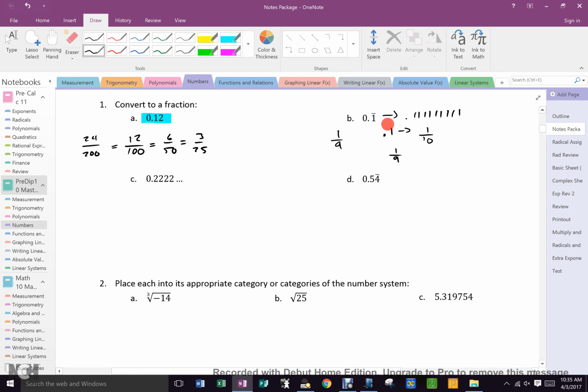This one you know, this one is we are guessing. But if we were to guess, our assumption is it is 0.2 repeating, yes? Which would mean it would be what as a fraction? 2 over 9. When it was a 1, the 1 went over 9. When it was a 2, the 2 went over 9. Yes?